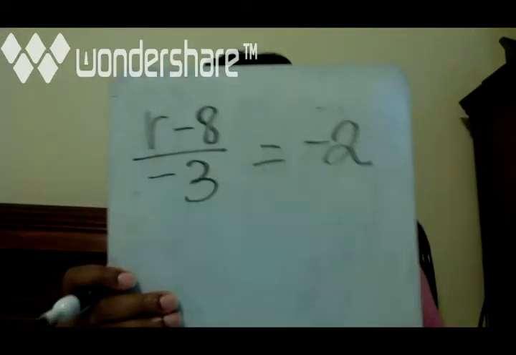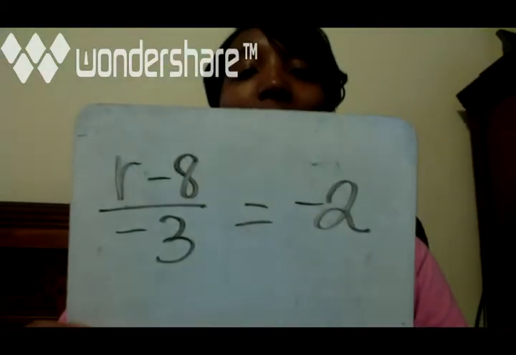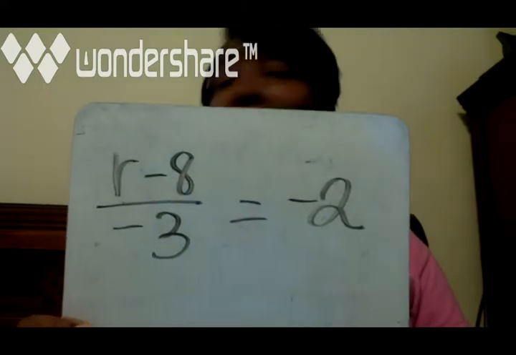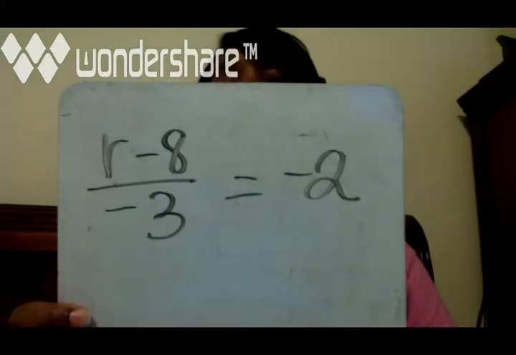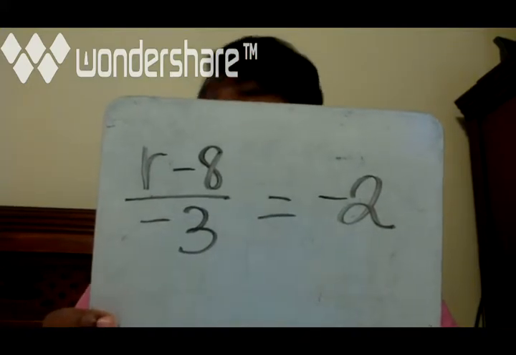Next example. This one is a little different. I have r minus 8 divided by a negative 3 equals negative 2.